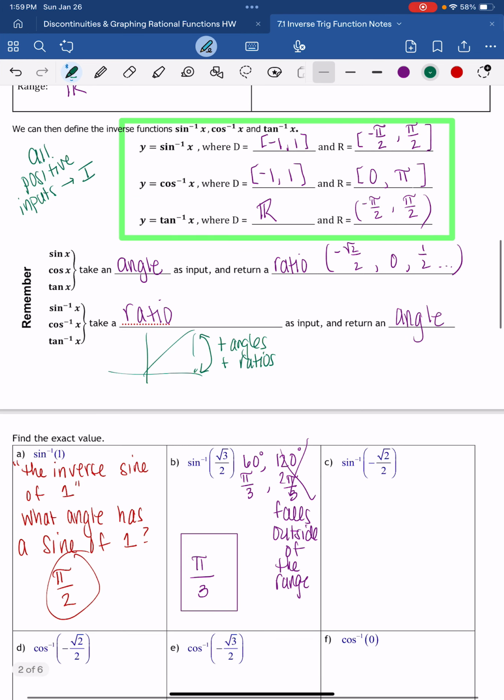So who has a sine of negative root 2 over 2? Okay, well, I know that it's a 45-degree reference angle. So if sine of negative root 2 over 2, I'm just going to draw it. Sine is y. By the way, that's drawing a proper triangle. Some of you didn't draw proper triangles on the test.